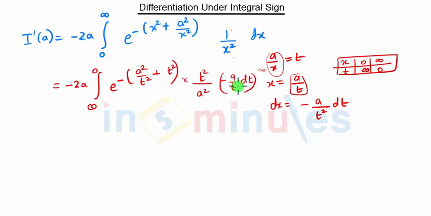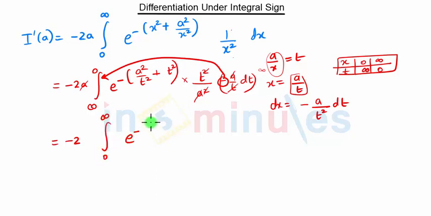Okay, so this t and t will get cancelled, 1a from here and 1a from here will get cancelled. So we have minus 2 integration of infinity to 0, and I am taking this minus sign inside integration, so integration limits will get swapped. So we have integration 0 to infinity e raised to minus t square plus a square upon t square into t dt. Here it is t square, so this t square and this t square will get cancelled, we have dt.